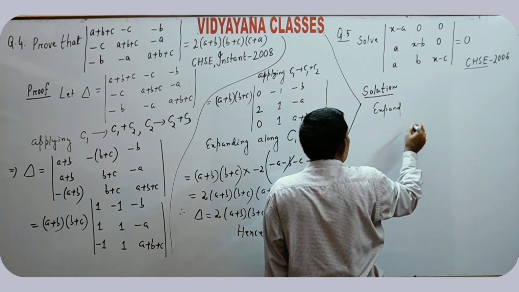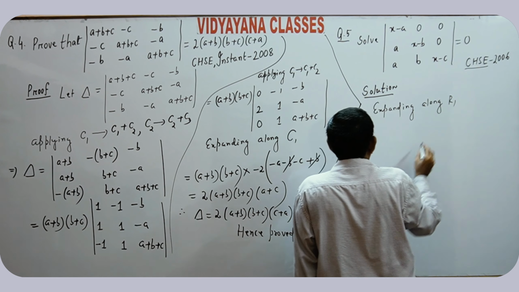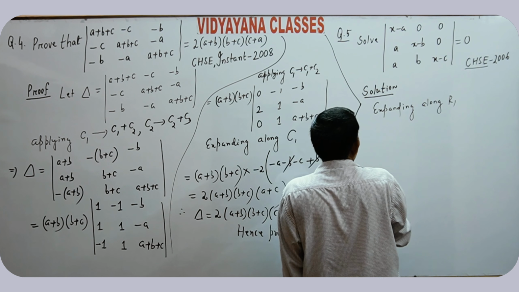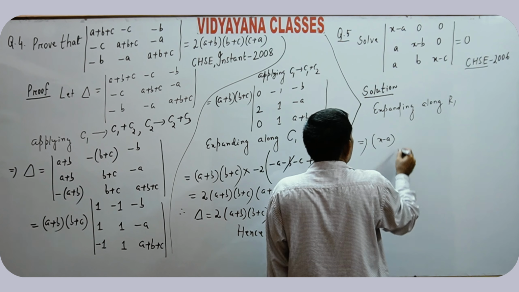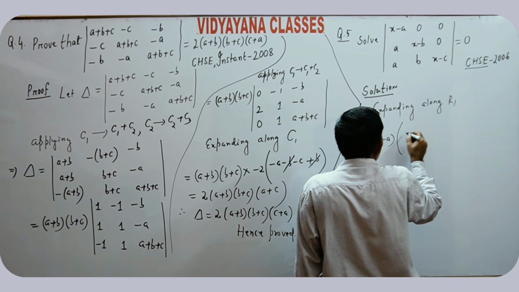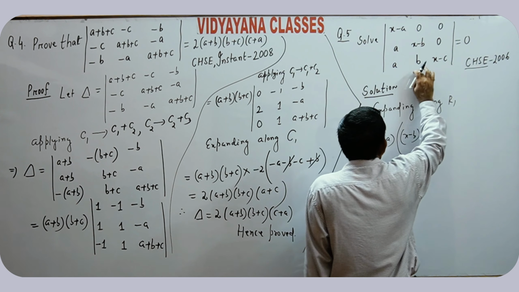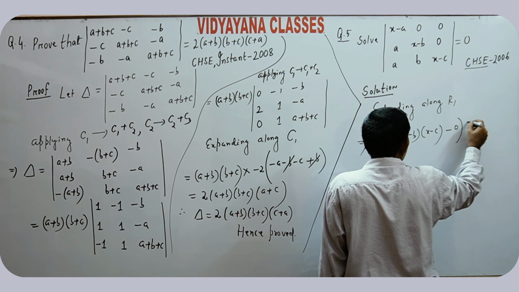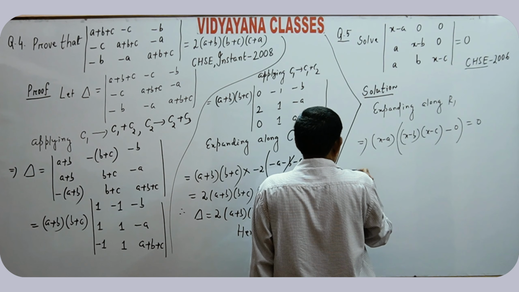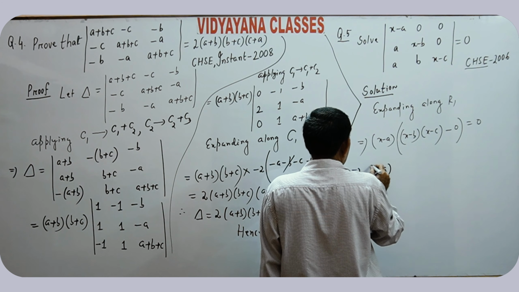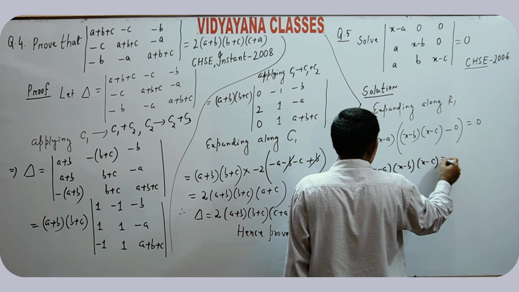Expanding along row 1 implies x minus a into this x minus b into x minus c minus 0 is equal to 0, which implies x minus a into x minus b into x minus c is equal to 0.